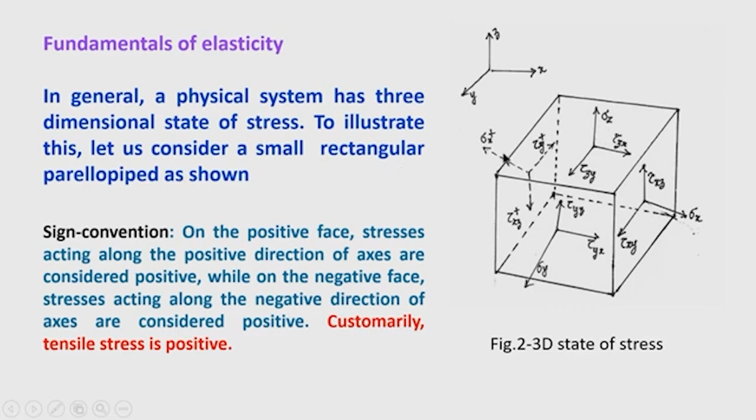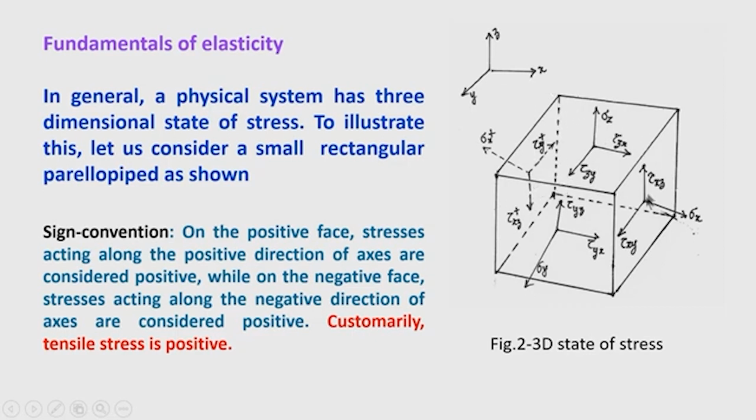Now, let us consider a small rectangular parallelepiped as shown here. So, you are seeing a parallelepiped whose length along x axis is dx, along y axis is dy, and along z axis is dz. Okay.